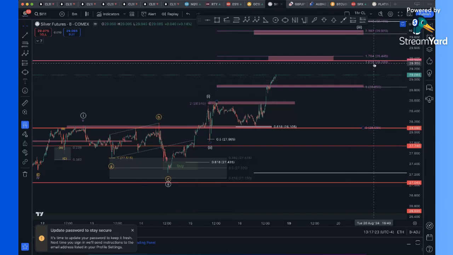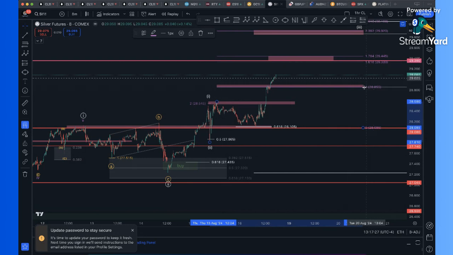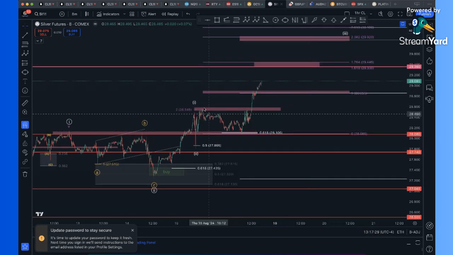So in the spirit of simplicity, I am actually going to leave this move right here. I'm just going to leave that alone for the time being. I'm assuming it's a 1, 2, but what I'm actually going to measure for is the internal structure. In other words, off of this low right here, just the one that dipped just below 2786, I'm going to imagine this is a new 5 up to there.